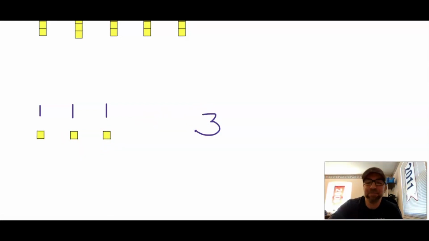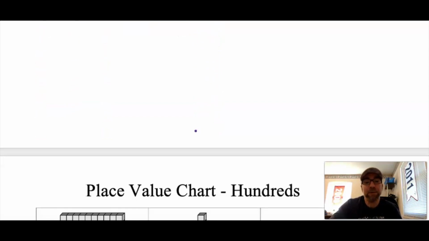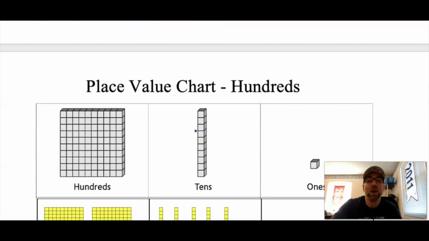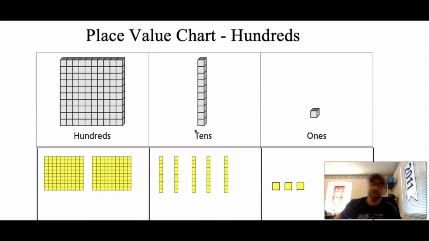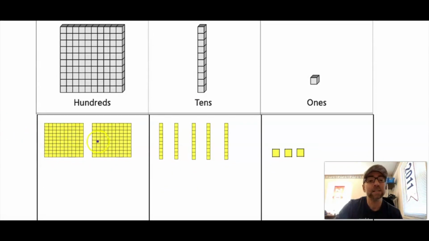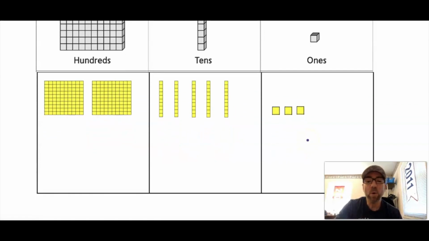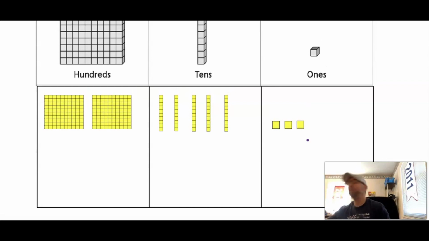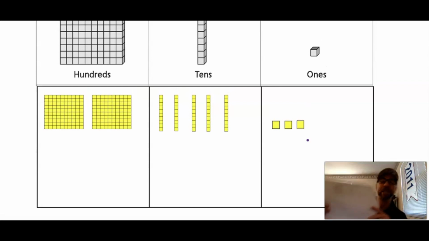So today we're going to be looking at the place value chart that you have in your sheet protector. You're going to notice that Mr. Enzi has drawn some flats, some longs, and some cubes. I want you to draw what you see in your sheet protector.